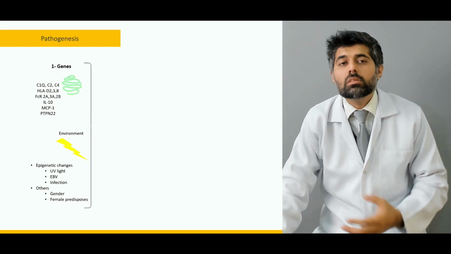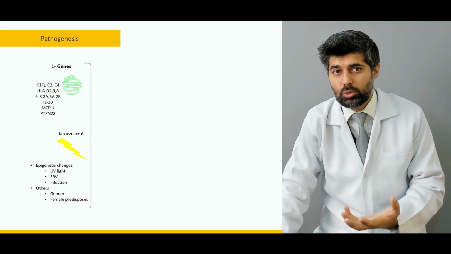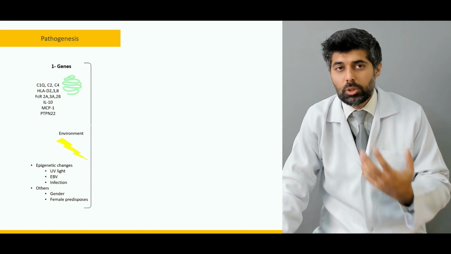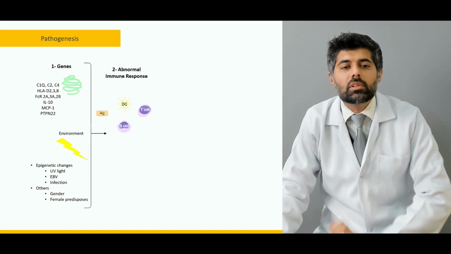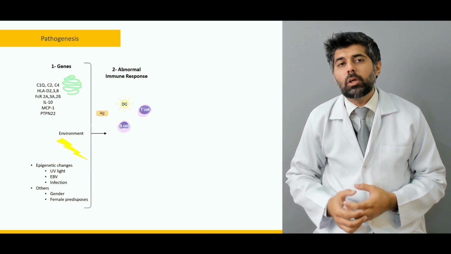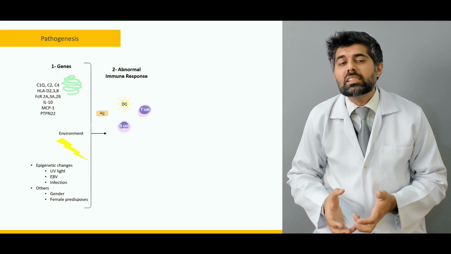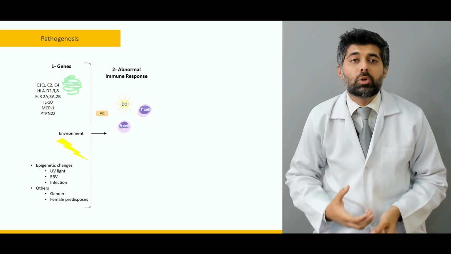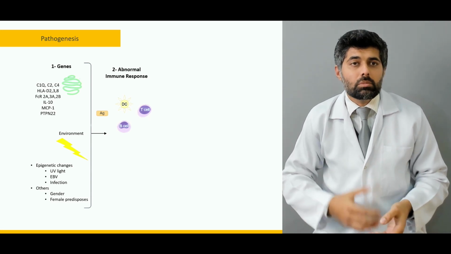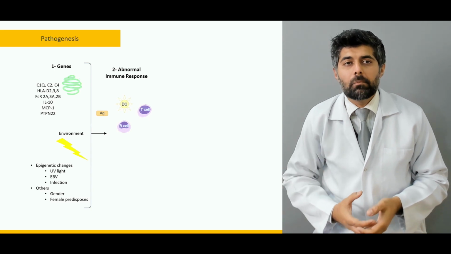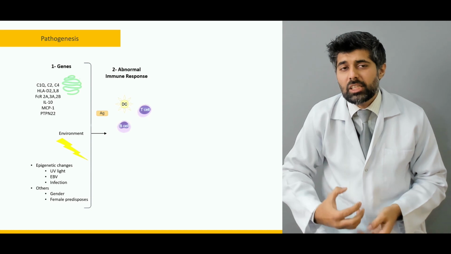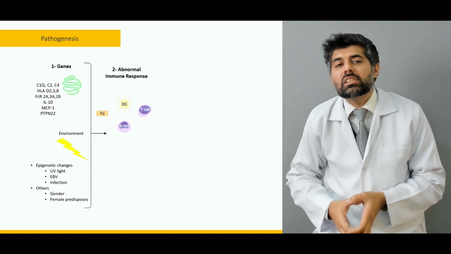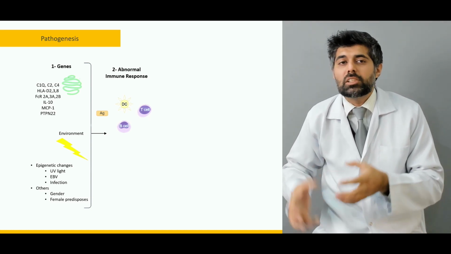Now, when the body is predisposed, when it is susceptible to the progression of the SLE, what happens is that there is an abnormal immune response. Like I said, SLE is an autoimmune disease. Now, in its autoimmunity and its response to the antigenicity, that response is dulled.